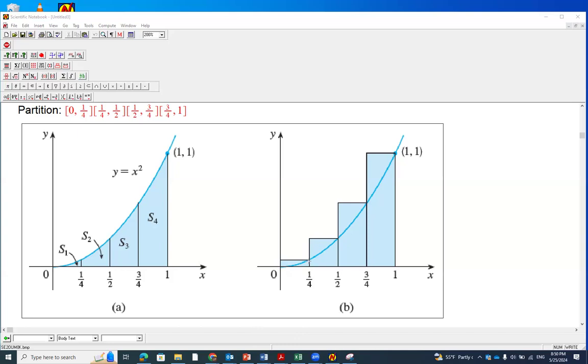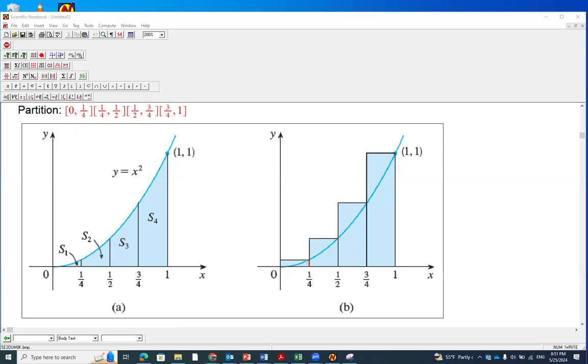which is the height of a rectangle, I'm going to use a color. So this height is going to be this much red. It shows a little bit, right? So how much is this height? This height is the value of the function at 1/4.